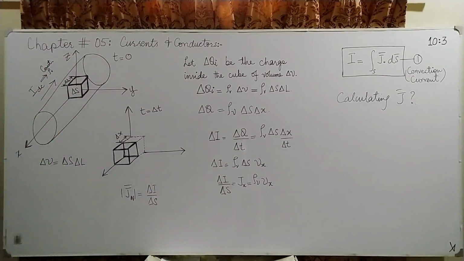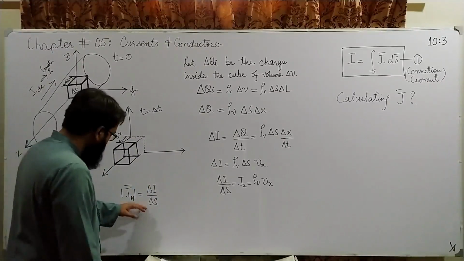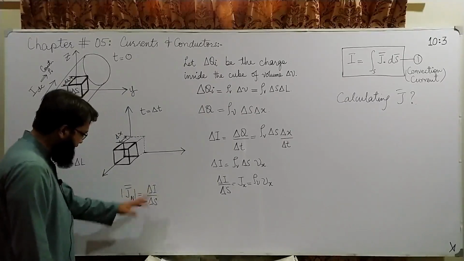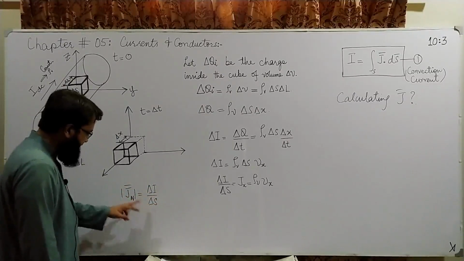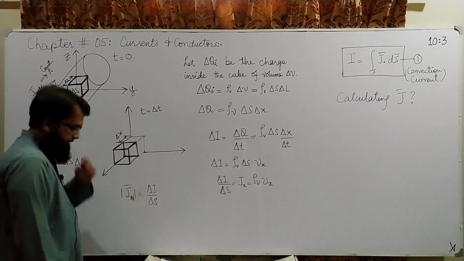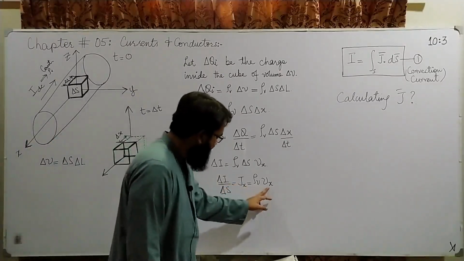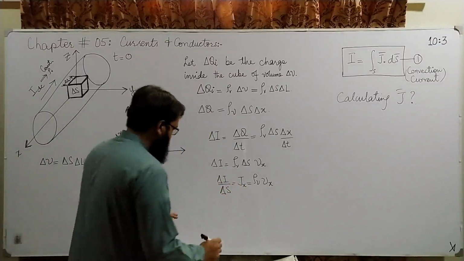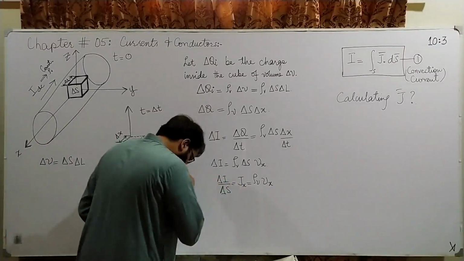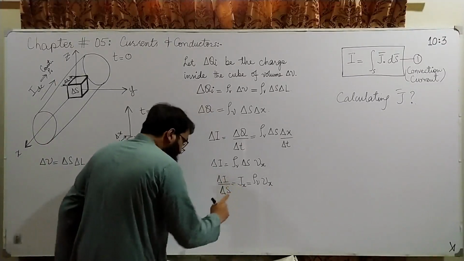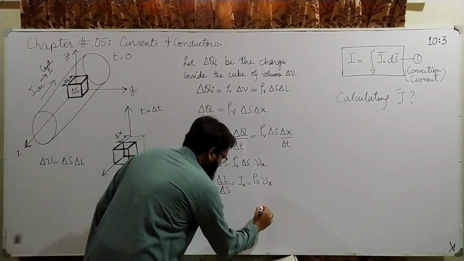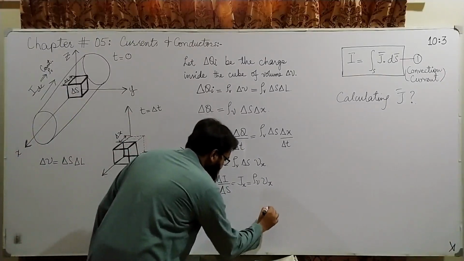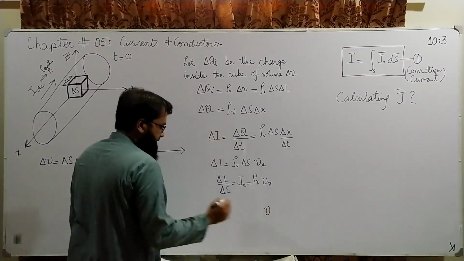So charges were moving normal to the surface area, so the current density was also normal. If charges are moving in x direction, the current density will also be in x direction.